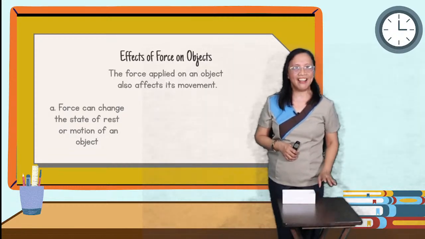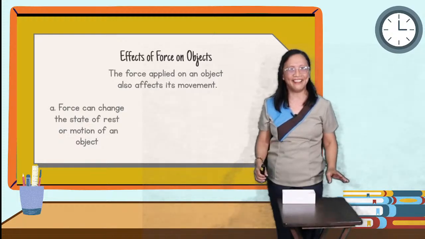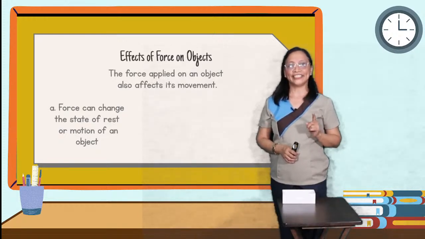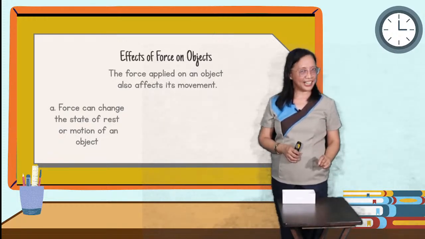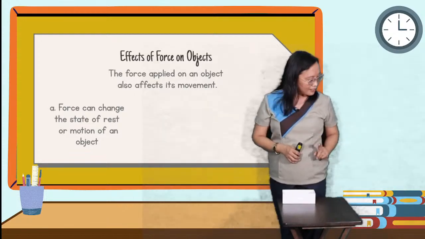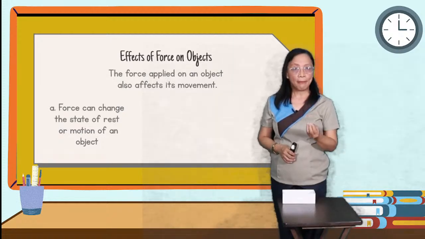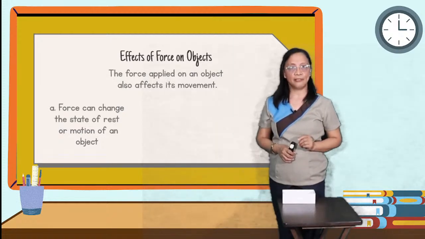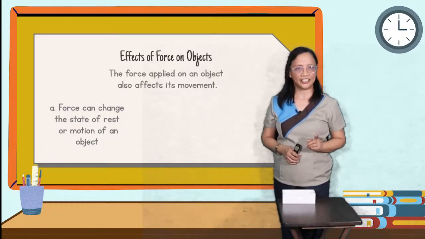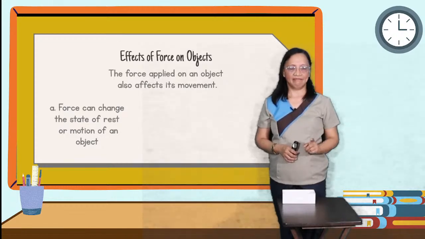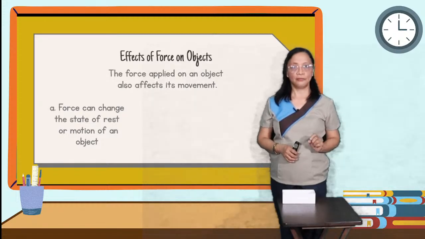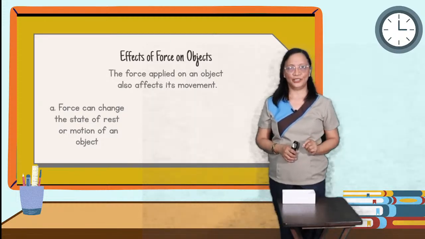Oh, it fell down the table. So what's the hint? The greater force applied to an object, the faster it will move. But when you applied lesser force, the object will just move near to you.